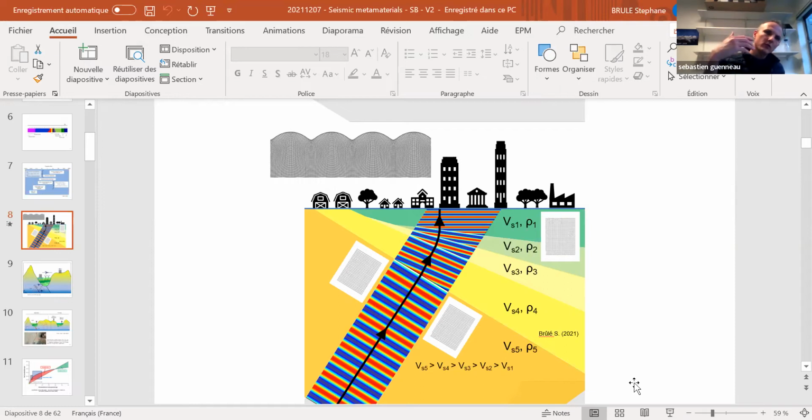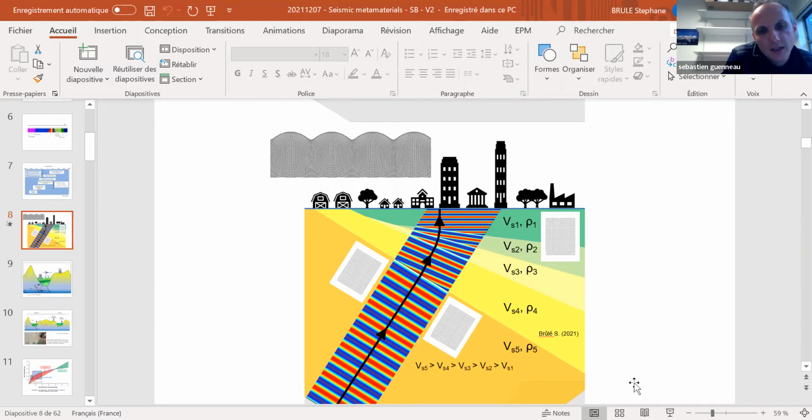And to view this from a different angle, we could interpret this in terms of transformation optics. We say that here, because clearly your wave trajectory is bent, even your transfer function could be associated with some kind of Jacobian.